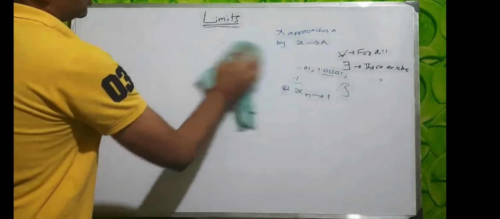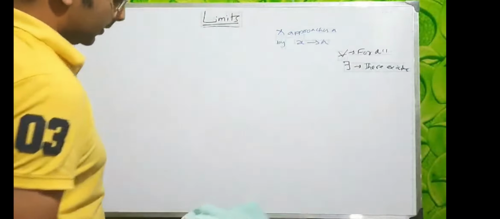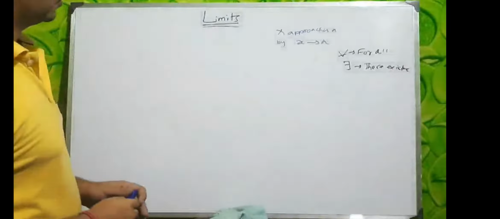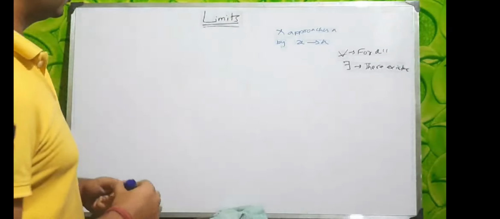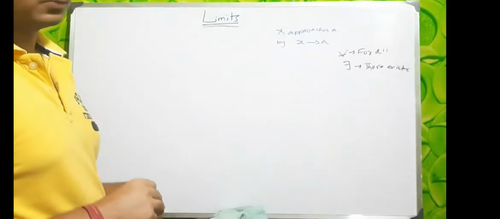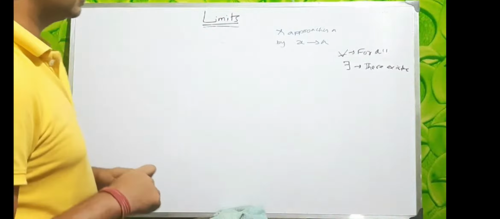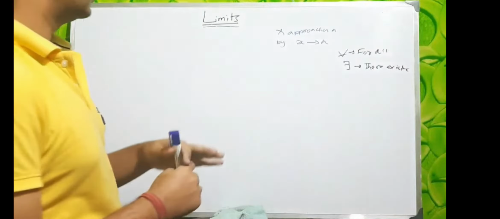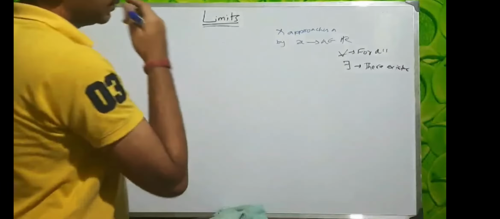So I think you have a much better idea about what I am trying to say. What is an approach? How does a variable approach a finite number? Up to now we have been in the finite numbers, where x and a belonged to the real numbers.